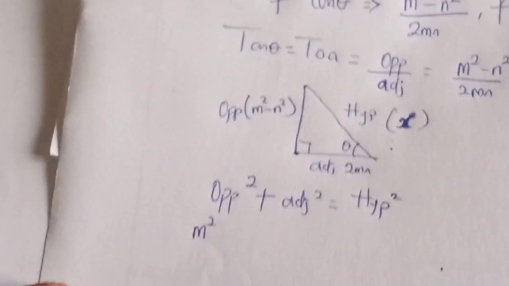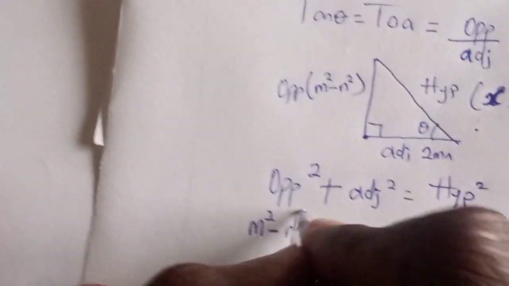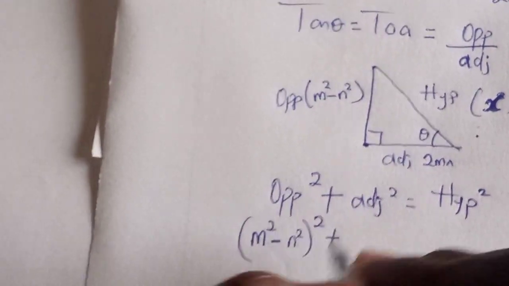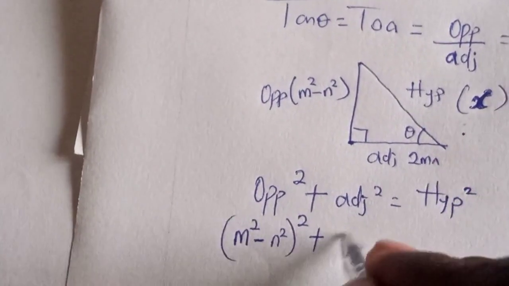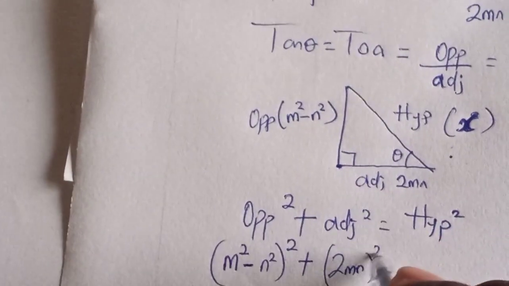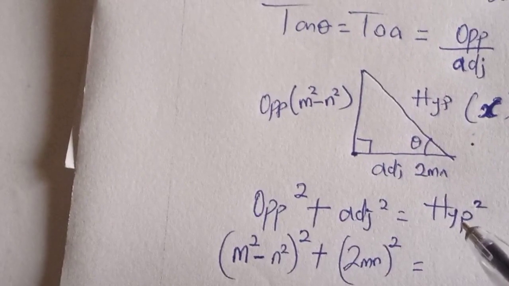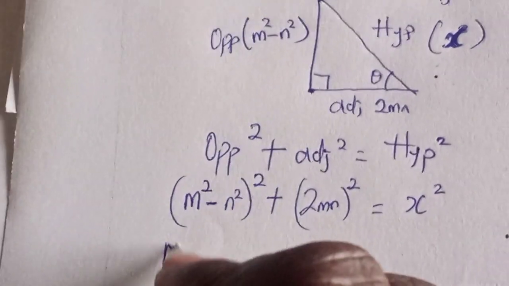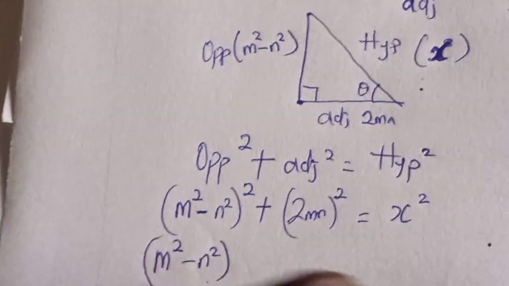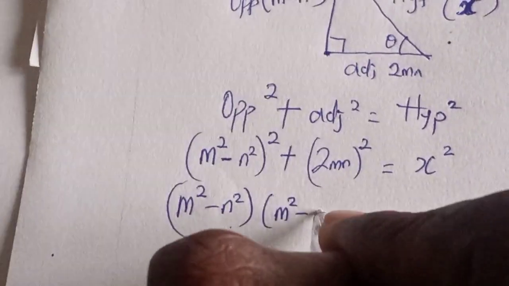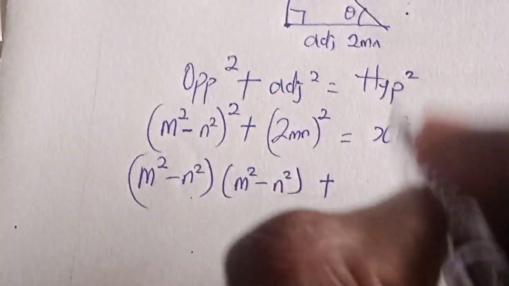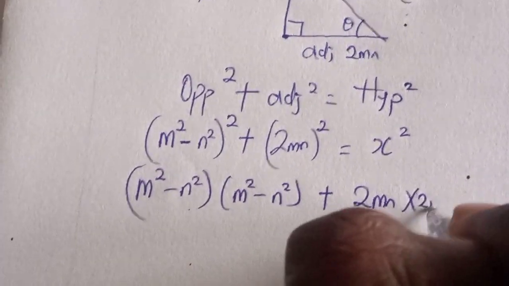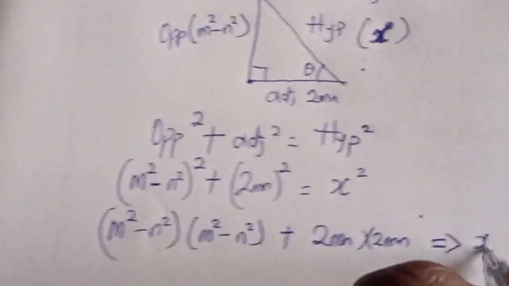What is the value of the opposite? (m raised to power 2 minus n raised to power 2) all squared, plus adjacent 2mn all squared, equals the hypotenuse, which we don't know, so we represent it with x squared. So we have (m² minus n²) in two places plus (2mn) times (2mn) equals x squared.